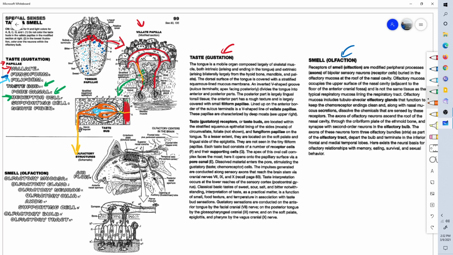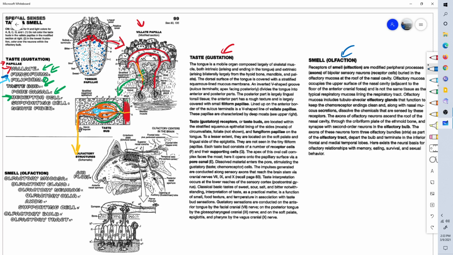The taste buds are found in the vallate papillae and the fungiform papillae, but not in the tiny filiform papillae. So they are only in what I've highlighted in red and in blue. Taste buds are found in the moats, or the deep cracks, of these vallate and fungiform papillae.